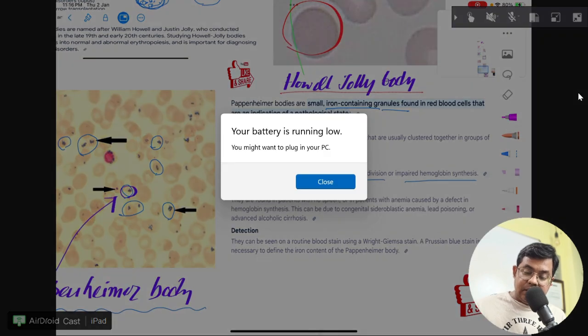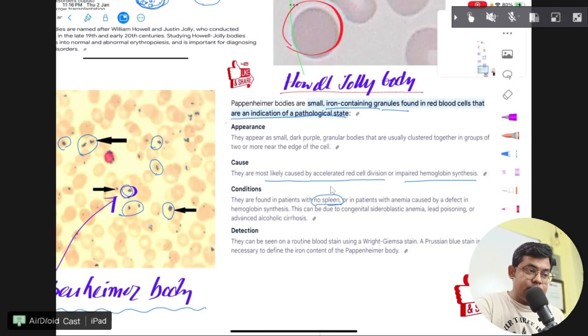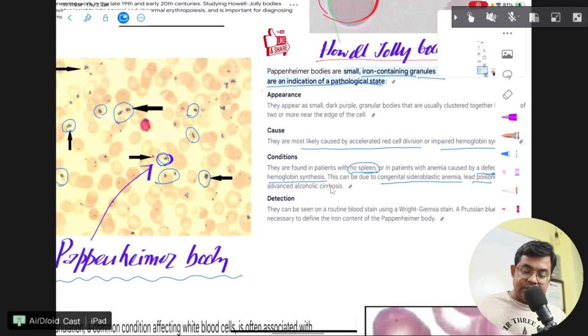They are found in patients with no spleen or asplenia, or after splenectomy. They are also caused by defects in hemoglobin synthesis. They are present in some congenital sideroblastic anemia, lead poisoning, etc.